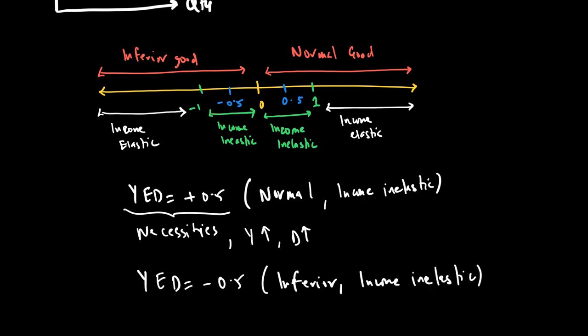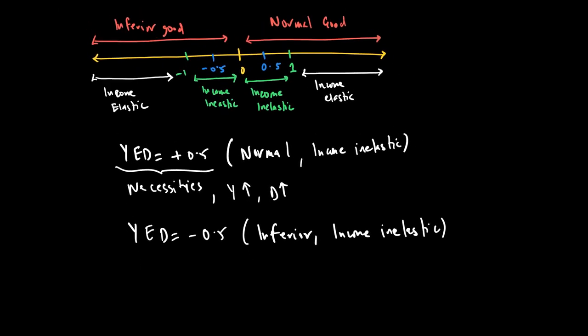Again, this is a kind of good which comes under a category where we say that as your income goes up, you demand less of the good and probably go to a better substitute. For example, in rice, we have different qualities of rice, right? So if there is a quality of rice that you're consuming every day, and your income goes up, you move to a better substitute, we'll call that an income inelastic inferior good, because you're not really radically cutting down the quantity of that quality of rice.